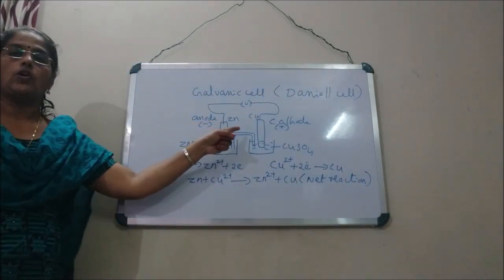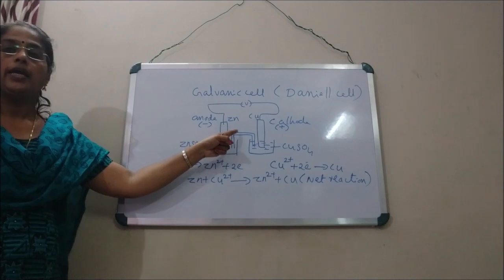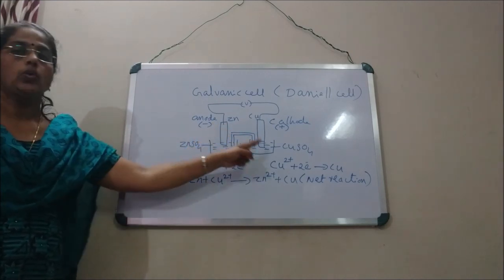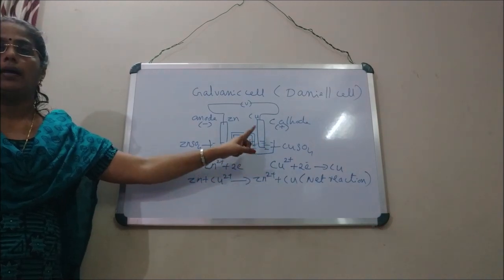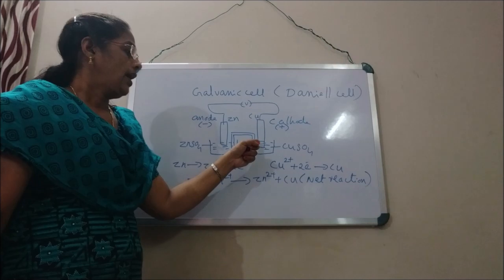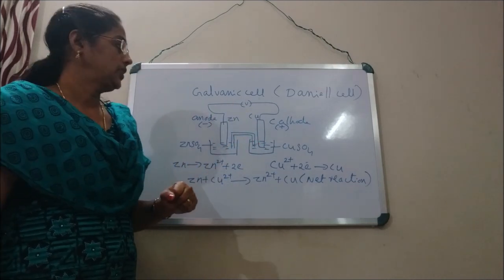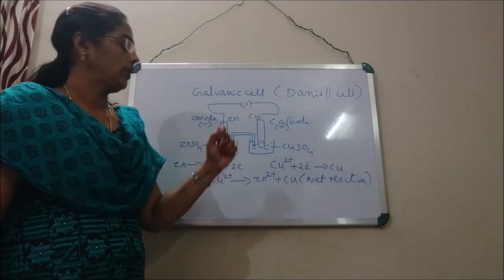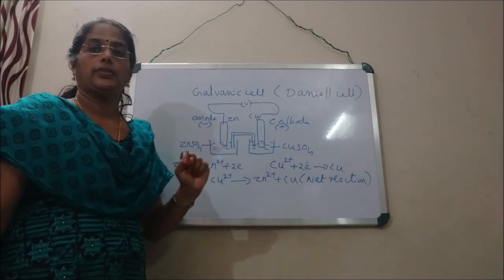The function of the salt bridge is that it provides electrical contact between two half cells. That means it completes the internal circuit. And the other function of the salt bridge is that it prevents the accumulation of electrical charges in the half cells.